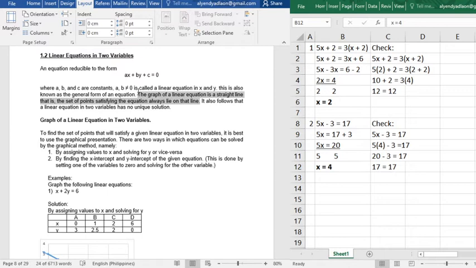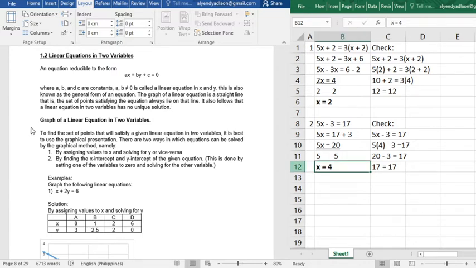In other words, any value that lies on that line will satisfy our equation. That means in a linear equation in two variables, there is no unique solution. Meaning, we can have many solution sets, unlike in one variable, where there is only one unique solution.